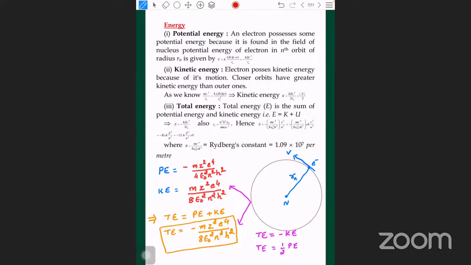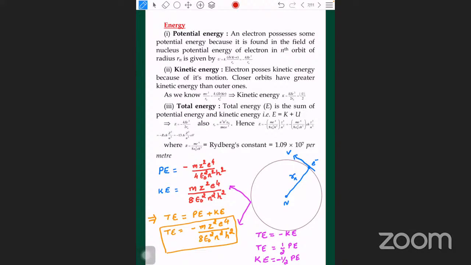On this comparison, you can also say the kinetic energy is half times the potential energy with a minus sign. Please remember the relation between total energy, kinetic energy, and potential energy.